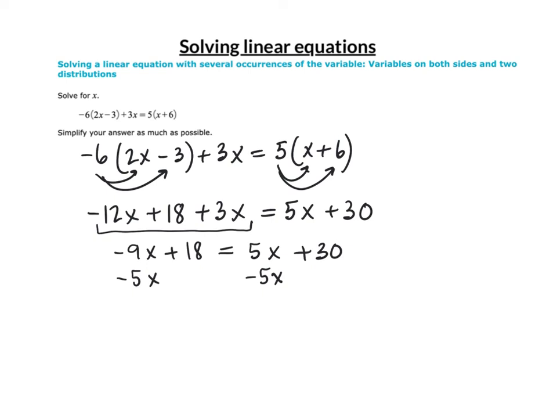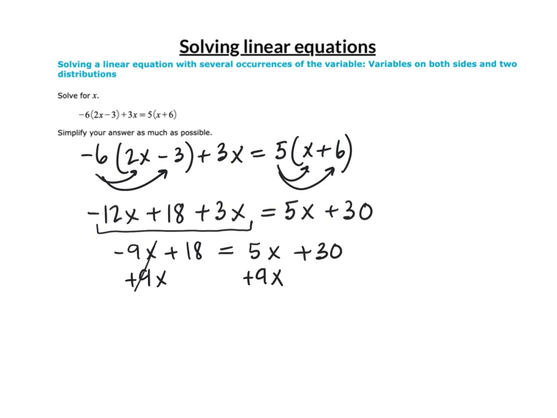And I think students are more likely to make a mistake there because things are negative. You don't have to deal with that if you don't want to. My suggestion is let's keep things positive and get rid of the negative 9 by adding 9x to both sides. Less likely to make a sign error that way.